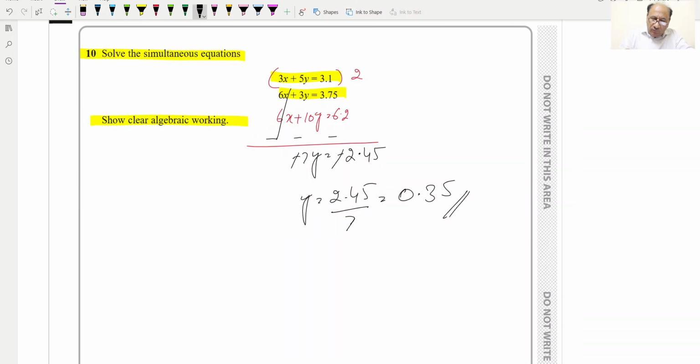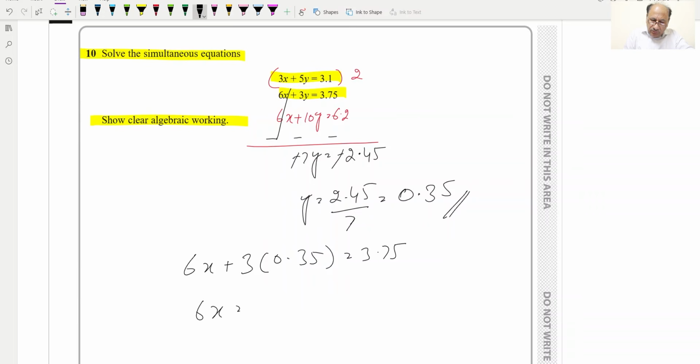0.35 is the value of y, and this value we can replace in any of the equations. I am replacing in the second equation, which is 6x plus 3y, and y is 0.35, equal to 3.75.